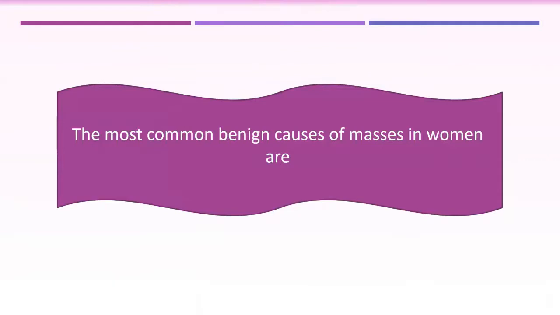What are the most common benign causes of breast masses, female breast masses? Fibroadenomas. Okay. And fibrocystic disease. Which one is more common? Fibrocystic is more common than fibroadenoma.